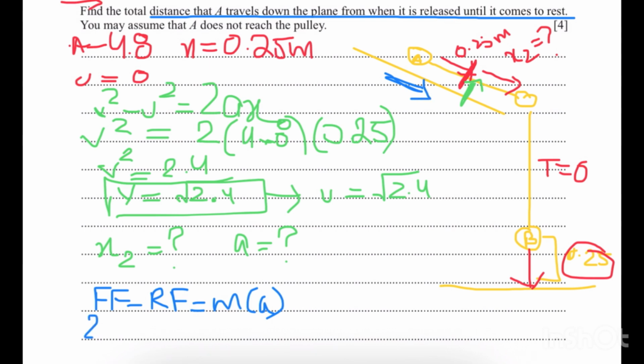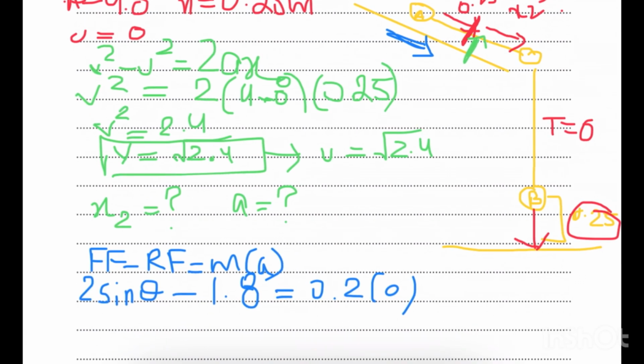The forward force was 2 sine theta, and the resistive force now is only the force of friction, which we found to be 1.8, and the mass is 0.2, and the acceleration is missing. We also found in the previous part that sine theta is equal to 0.6.